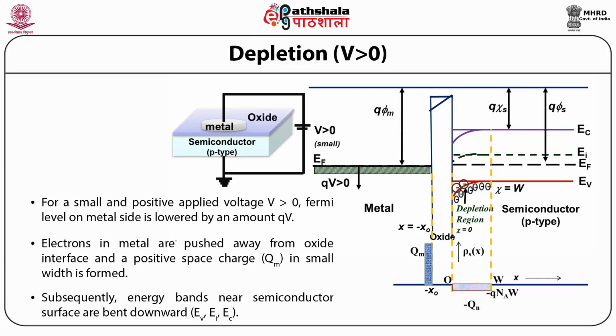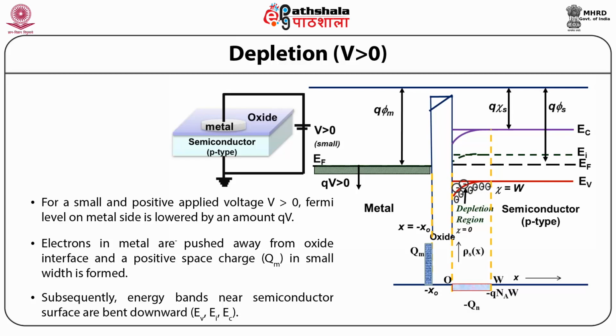The space charge per unit area in the semiconductor, that is the charge in the depletion region of width W, corresponds to QSC equal to minus Q NA multiplied by W, where W, as we know, represents the width of the depletion region and NA is the concentration of acceptor ions in the semiconductor.